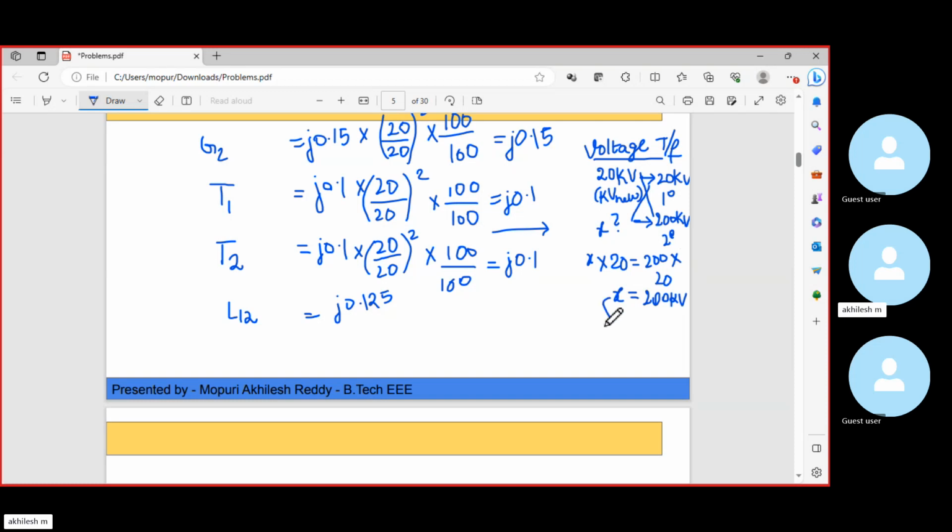What is this x? X is nothing but kV new or base kV. After T1 and T2, for both transformer 1 and transformer 2 the ratings are same, so I am finding only one.